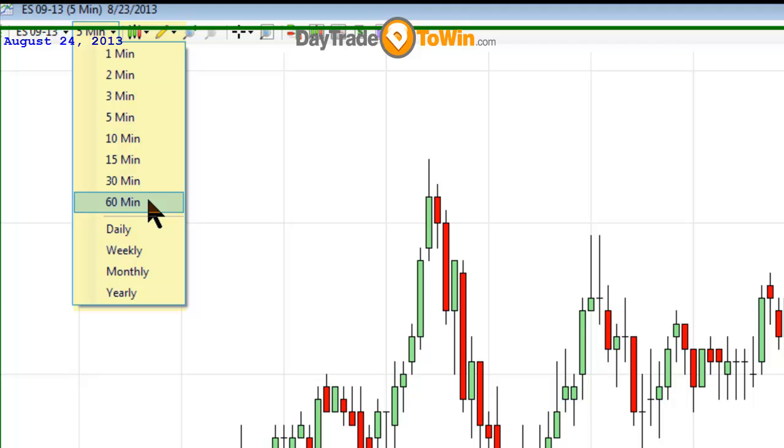So if you take a time that can be divisible by almost all of these predetermined minutes here, you can see that a 5-minute chart is divisible by 10, by 15, by 30, by 60, by 3, 2, maybe not so much, but 1 definitely.